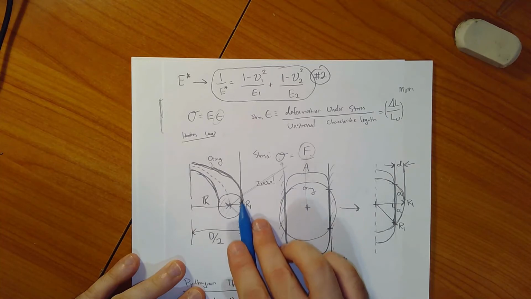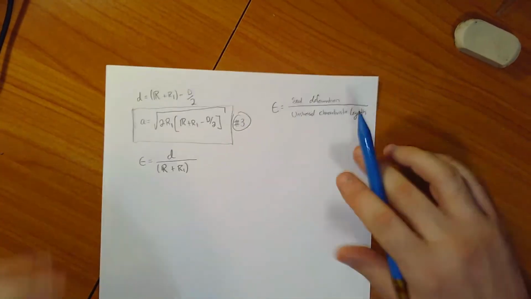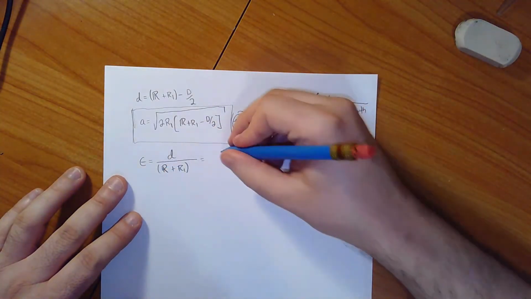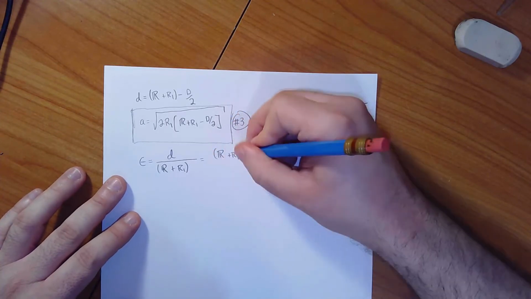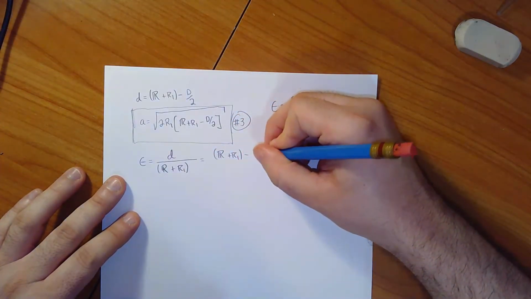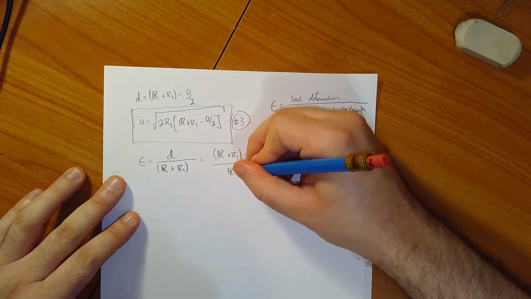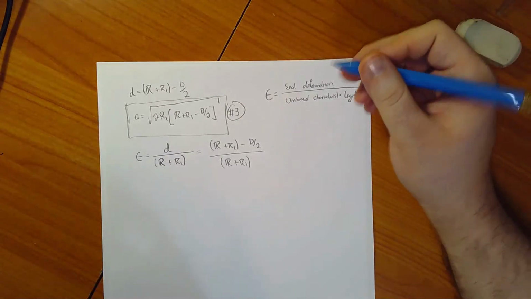It's going to be my non-deformed O-ring length. And this is now going to equal, well, I have an expression for D, right? It's R plus R1 minus D over 2, divided by R plus R1. Okay, so there we go. We've got that.